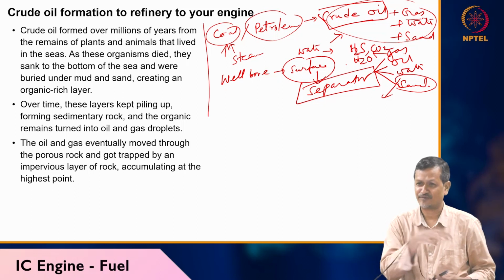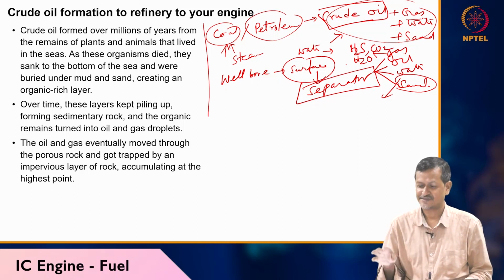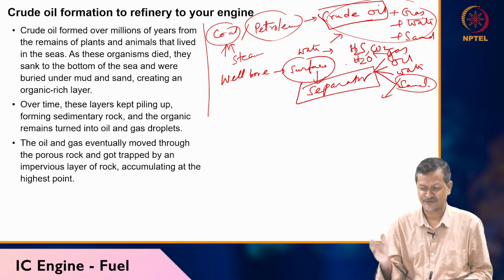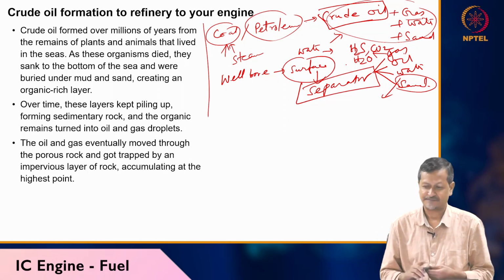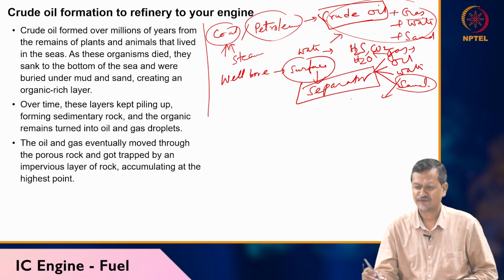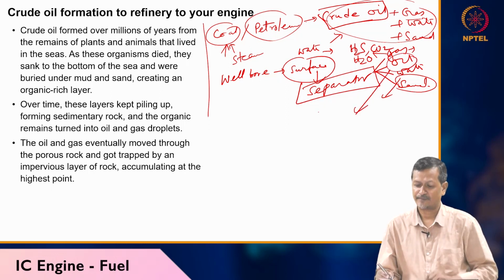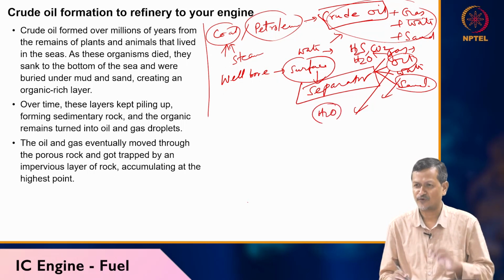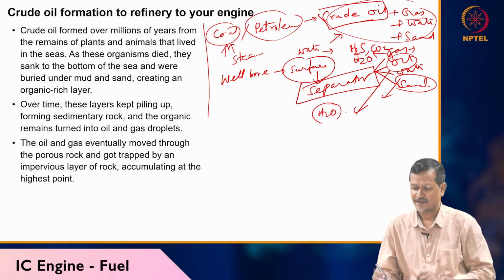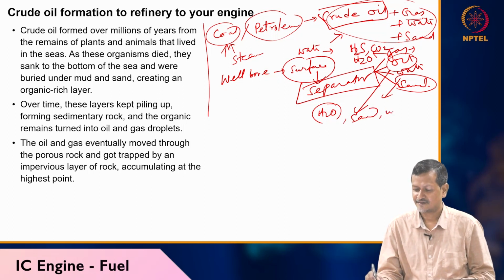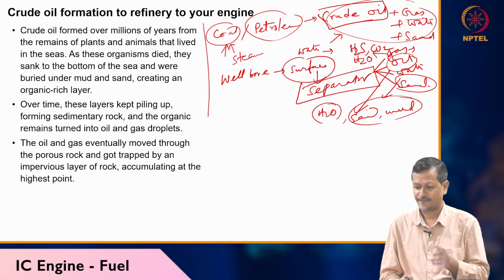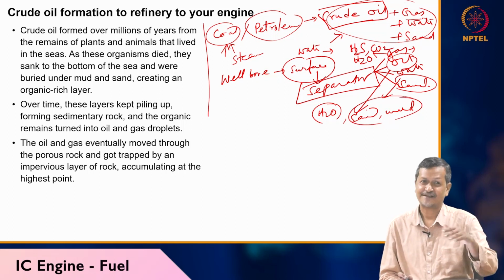Natural gas you get from the well bore, you remove these harmful gases, hydrogen sulfide, carbon dioxide, and water, then you can use the gas. And whatever oil you are getting may contain H2O, and even a small amount of H2O is not allowed. It may contain some mud or sand, so you have to remove those things. After that you can use it.